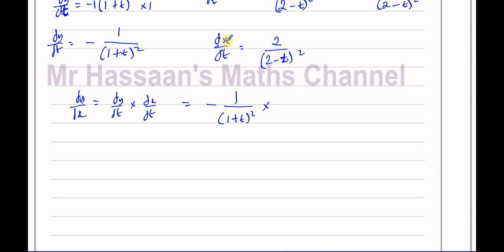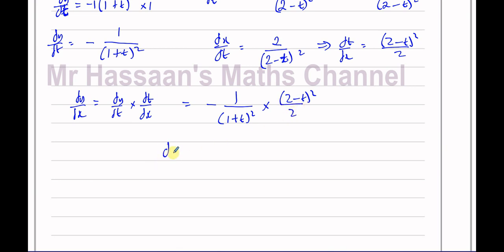Sorry, my bad, that's dy dt times dt dx, not dx dt, because you have to write it as a reciprocal. So dt dx is the reciprocal of dx dt, so it's 2 minus t all squared divided by 2. So you multiply this by 2 minus t all squared divided by 2.